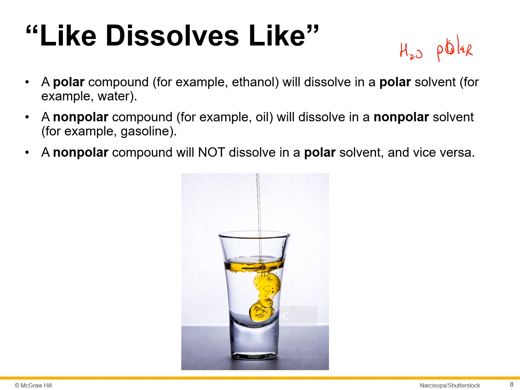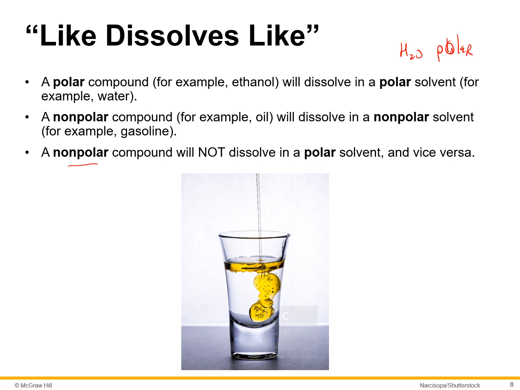You will only see one thing, so it's a polar compound. If, for instance, we had oil, which is a non-polar compound, when you put oil in water, you will see two layers, meaning that it does not dissolve. So those are not like and like.